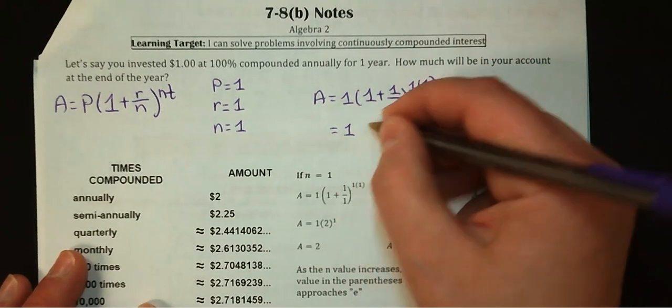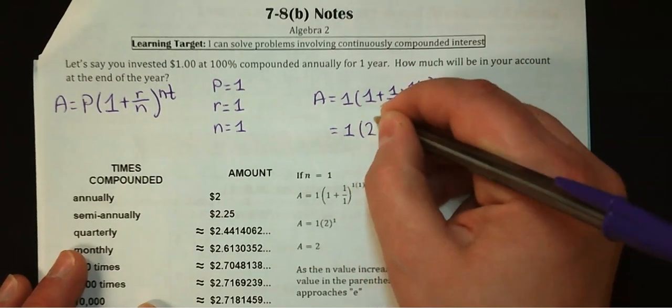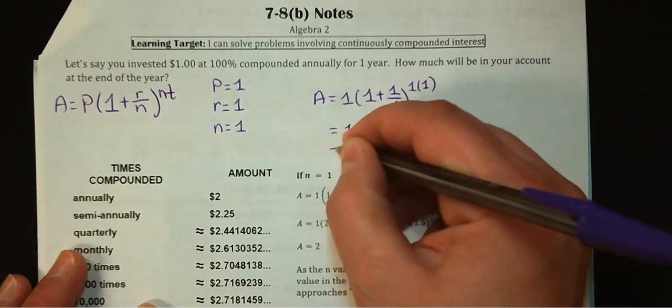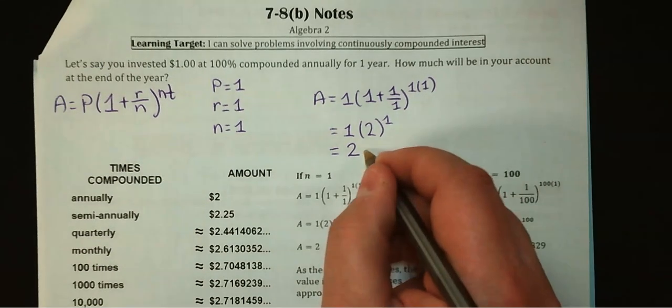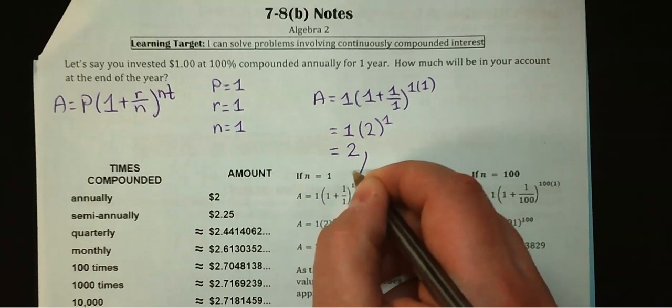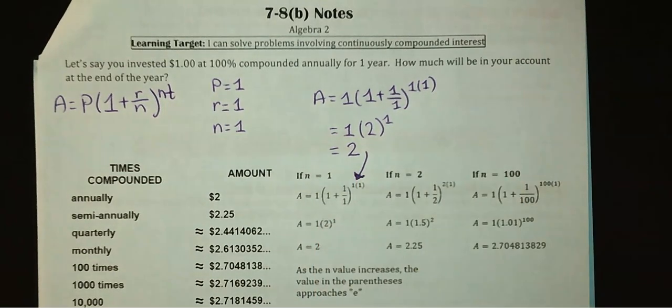So this would end up being 1 times 2 to the first, which is actually just 2. And if you look down here, I actually have that written in this very first one. There are 3 columns here with different examples.